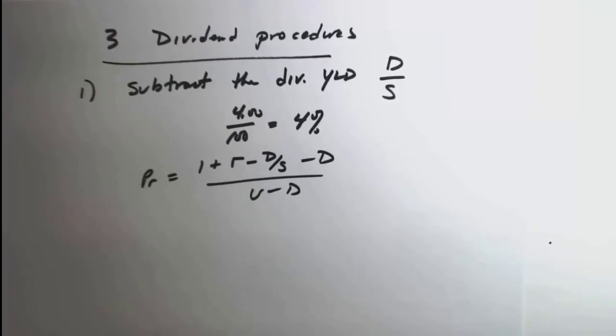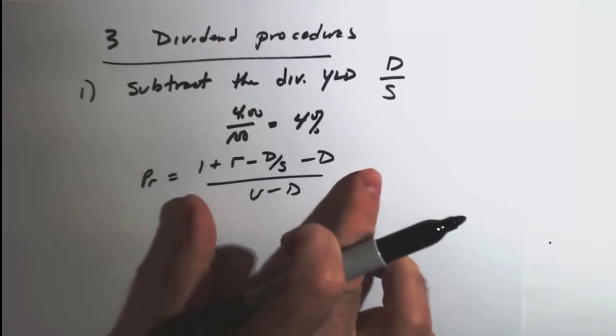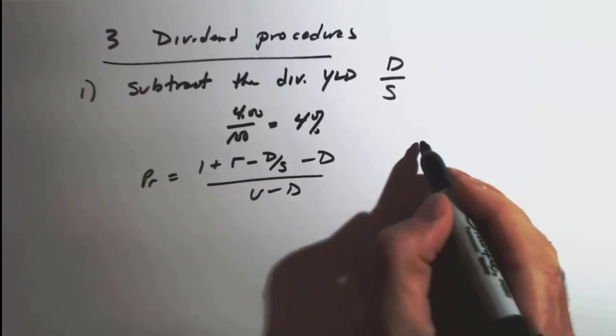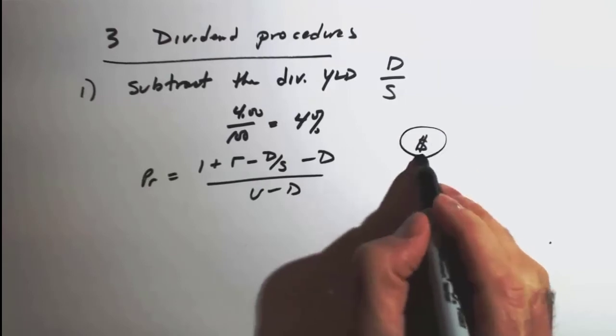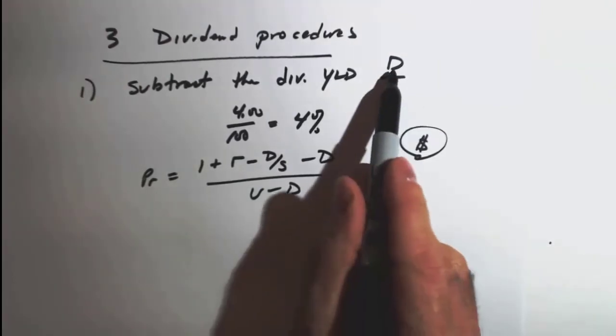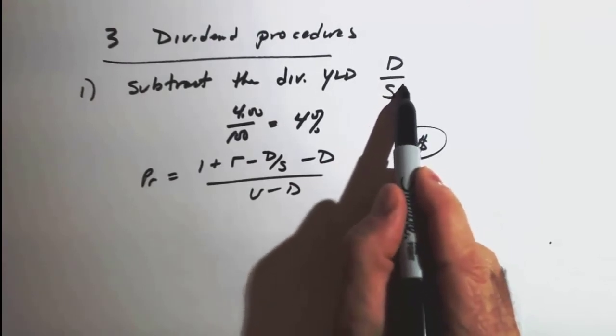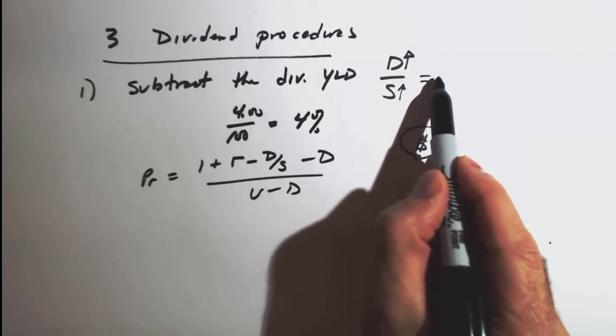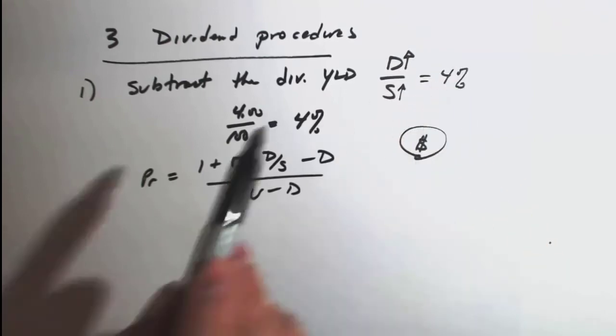The problem with this method is it results in a different dividend payout. The dollar amount varies by where you are on the node. If you're on an up node, the dividend is higher. Because the stock price is higher, the dividend has to be higher in order to keep the dividend yield at, say, 4%.